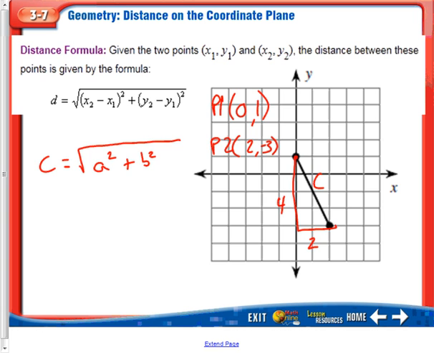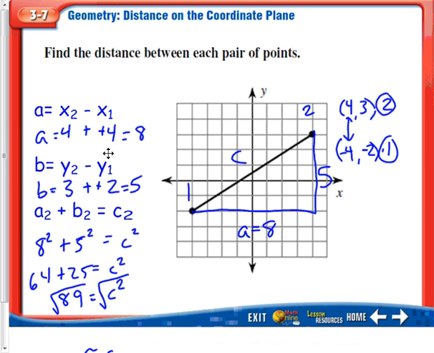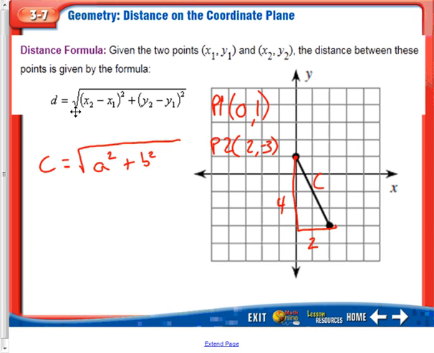Because if we look back at this other problem, here it says A equals x2 minus x1. And then now if you look at our distance formula, it says x2 minus x1. So really we're saying that this is A and we're squaring it. So we know that to solve for C, we're eventually going to have to take the square root.